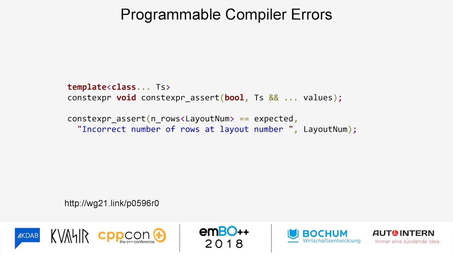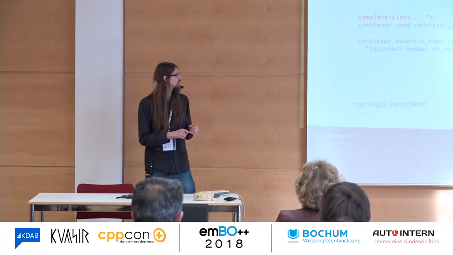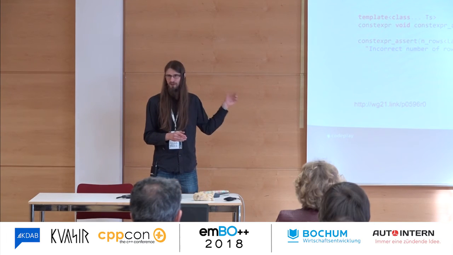But that's more of a tooling issue rather than something which the standard is going to specify. Does that answer your question? Cool. So I don't know what the current state of this proposal is.